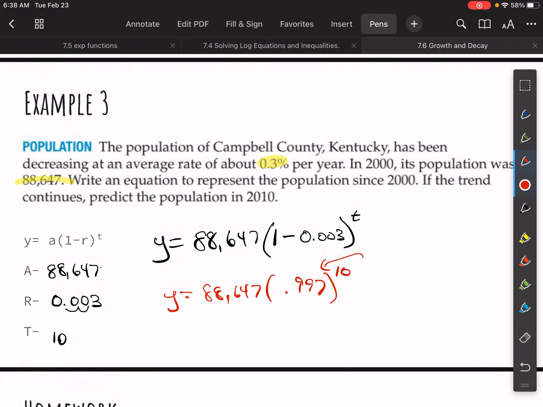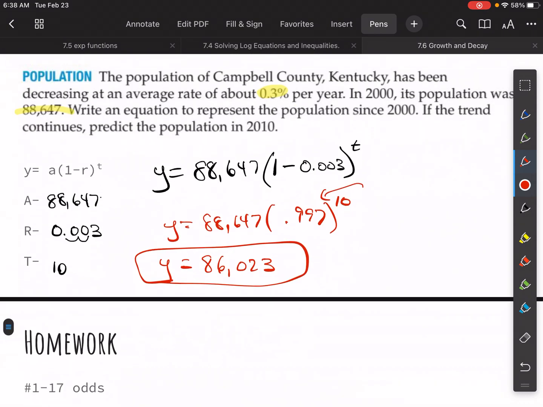So if I take that to the 10th power and then multiply that by 88,647, what I end up with is 86,023. We're not going to put the decimal, which is what it technically is, because we're talking about people, so we're just going to round down. Our population is approximately 86,023 people.